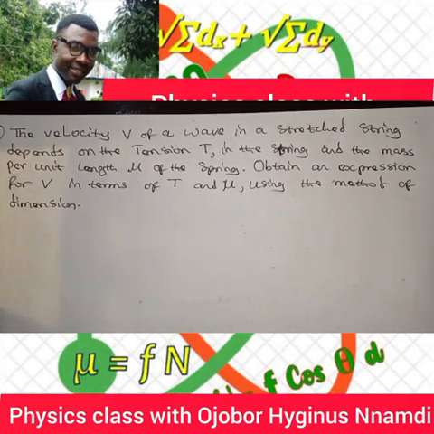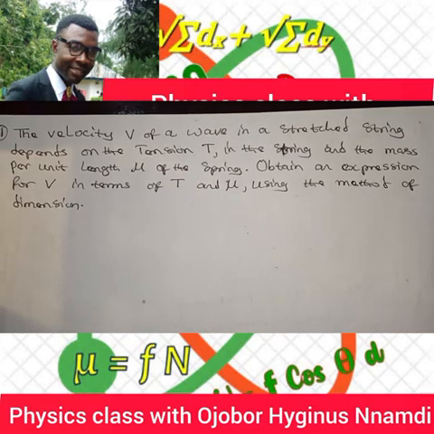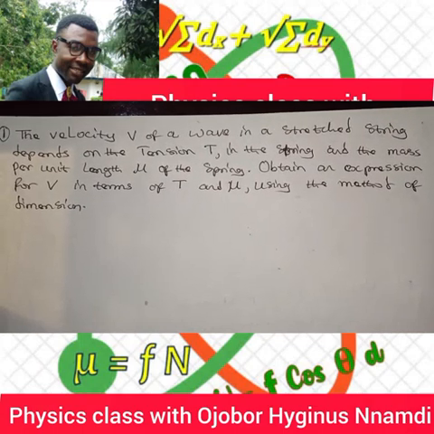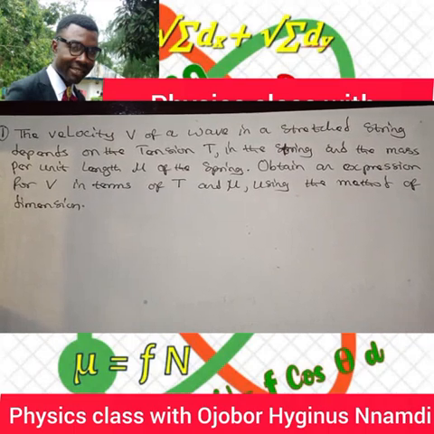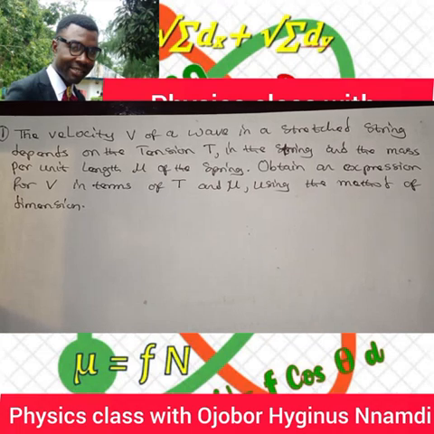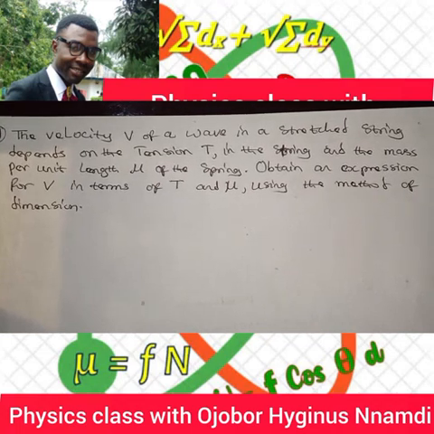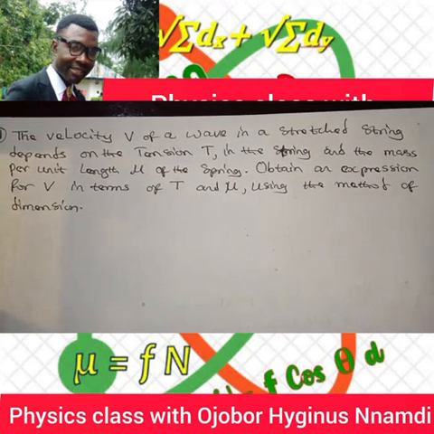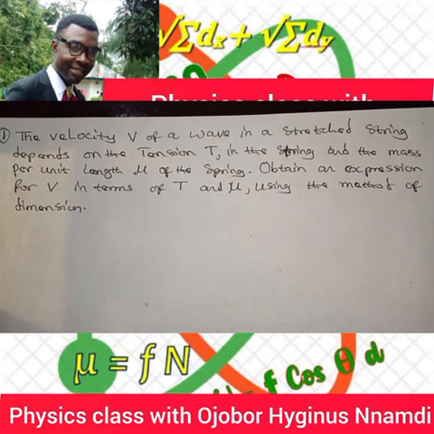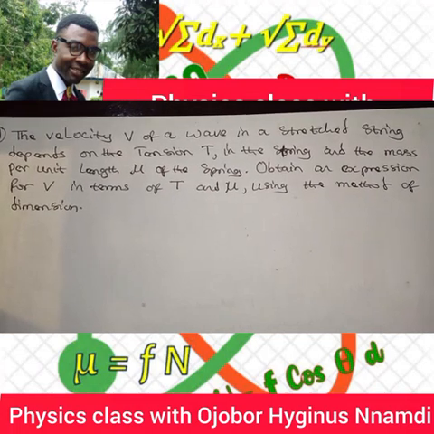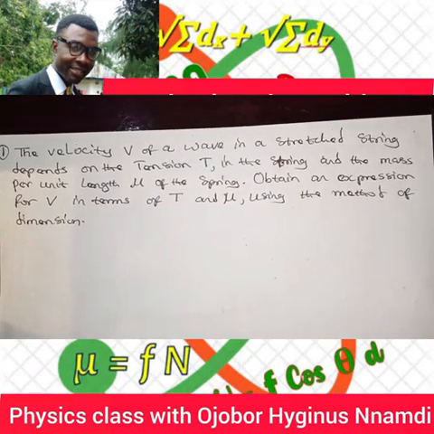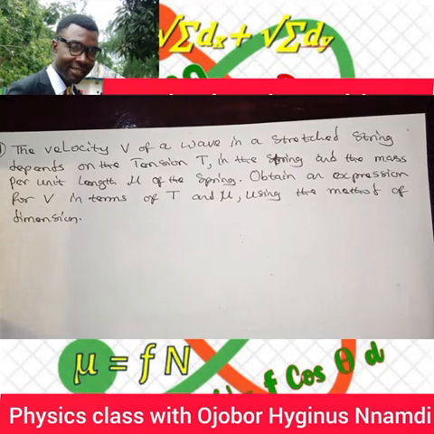So they said the velocity of a wave in a stretched string depends on the tension T in the string and the mass per unit length. They use this symbol mu to represent mass per unit length of the string. Obtain an expression for V in terms of T and mu using the method of dimension.